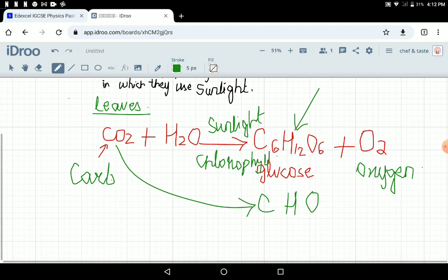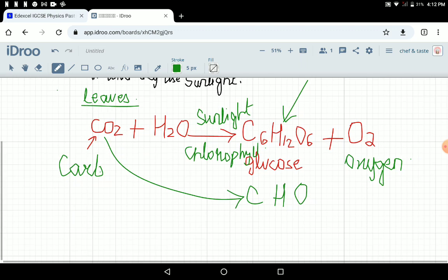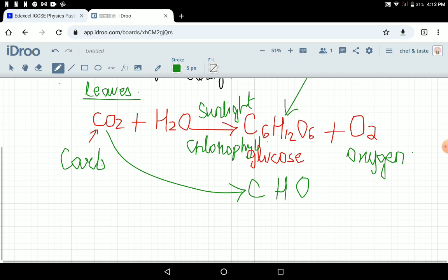After this we will discuss the internal structure of the leaf, where I'll explain where the stomata are located and where other parts of the internal structure are. Carbon dioxide will give the carbon part, and water gives oxygen and hydrogen to synthesize this carbohydrate, glucose, C6H12O6. This is plant food.